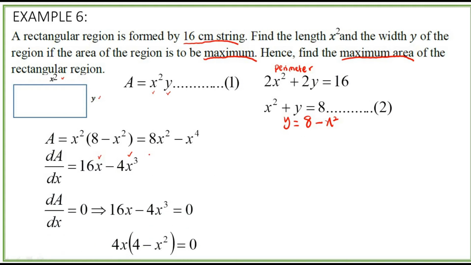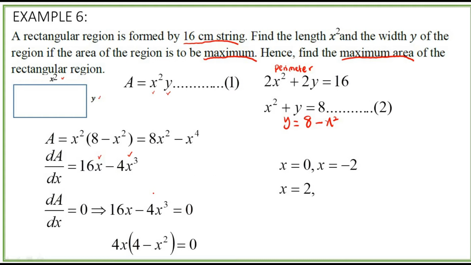So, if dA over dx equals 0, it means that 16x minus 4x cubed equals 0. I can factorize 4x outside, so we will get 4x times 4 minus x squared equal to 0. From here, we will get three values of x, which are x equal to 0, x equal to negative 2, and x equal to 2.